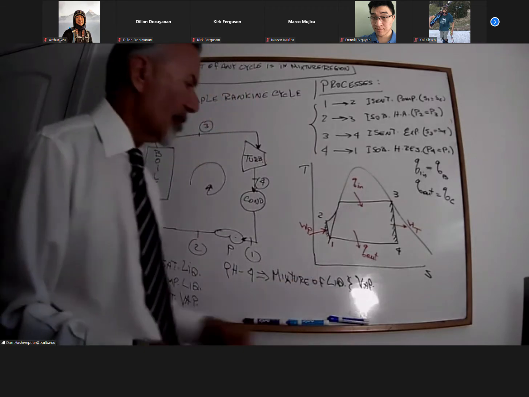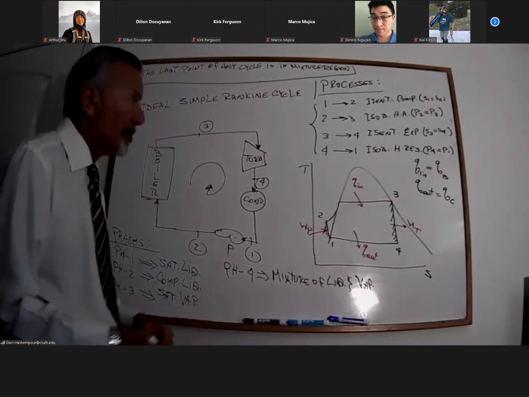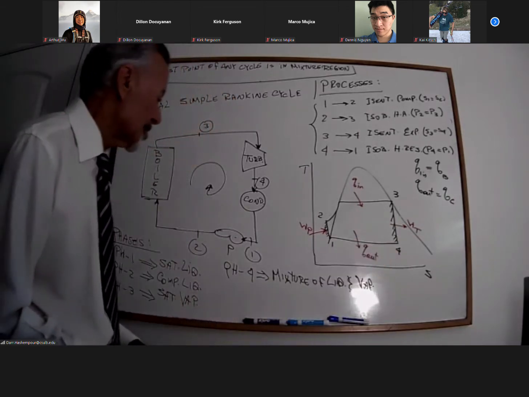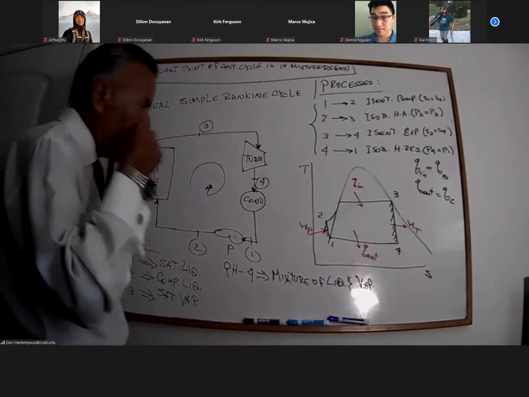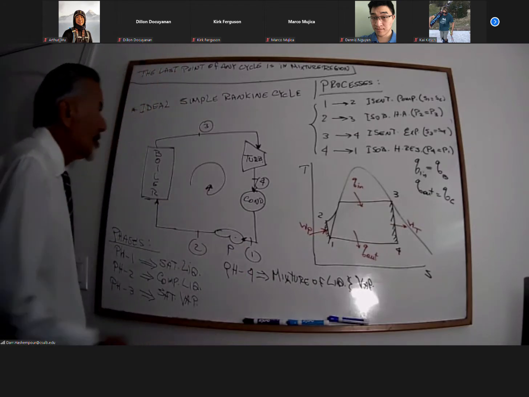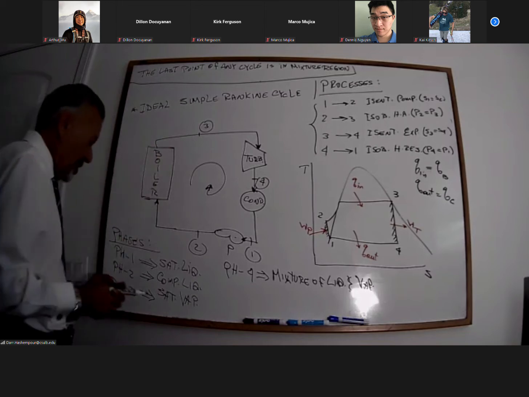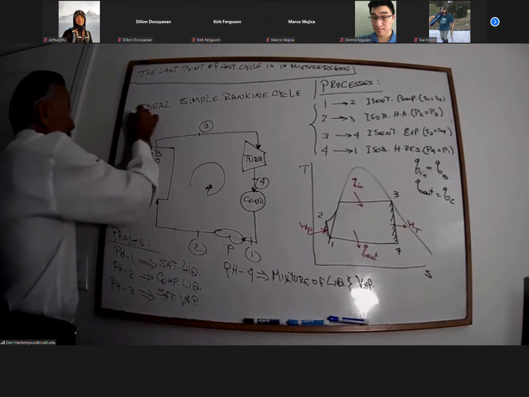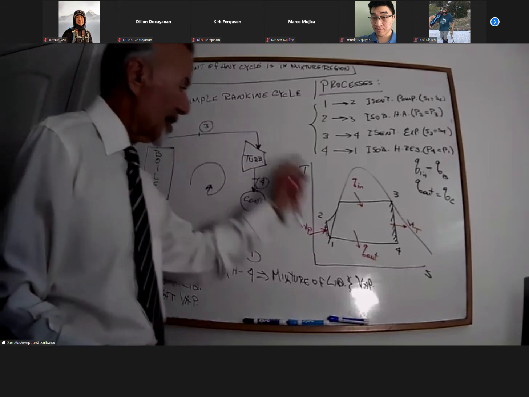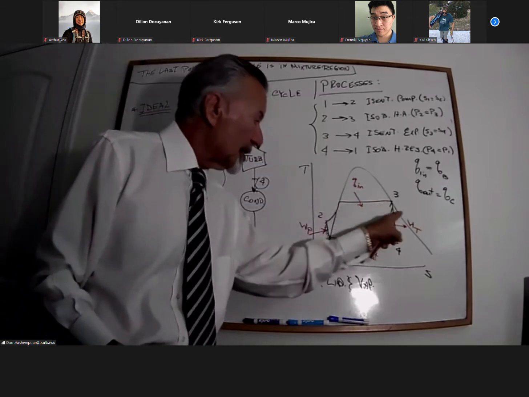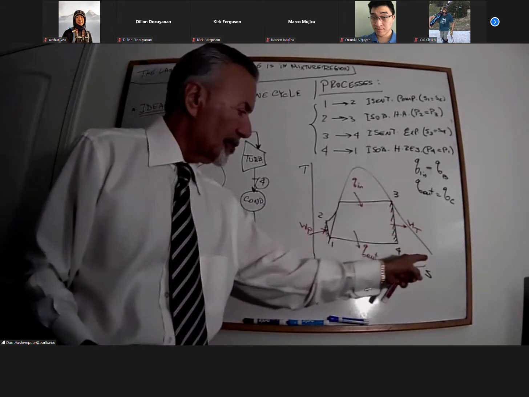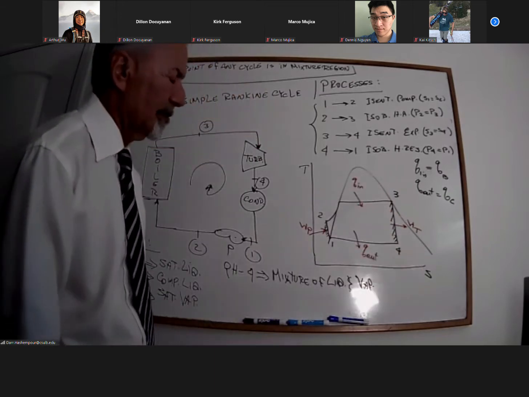So as you go through a lot of these problems, you'll see that we always have a last point in that mixture region. I just want to bring that to your attention. That's how it works. So this is the ideal simple Rankine cycle. And in an ideal simple Rankine cycle, point 3 is located at the saturated vapor line.